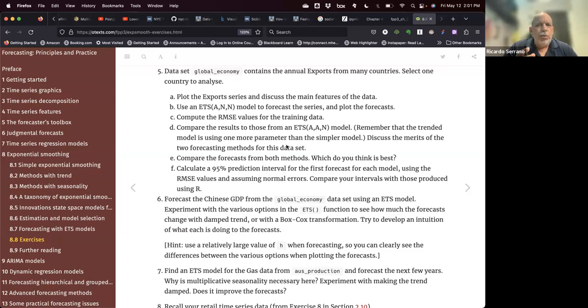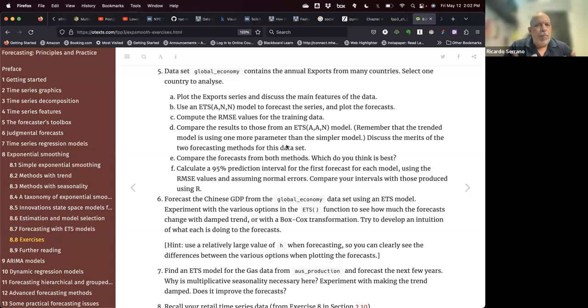Then we're going to use another ETS model, but this one is going to activate the trend component. In the original model we activated the error component, and now we're going to activate the error and the trend and leave the seasonality as none.